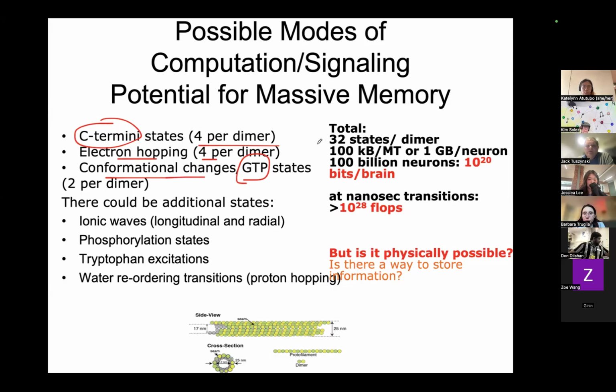So a minimum of 32 states per dimer would give you about 100 kilobits of information per microtubule if you calculate the number of dimers in a microtubule of, let's say, 10 micron length on average, and then 1 gigabyte of information storage per neuron. And with 100 billion neurons, you could store 10 to the 20th bits of information per brain. For your information, you can buy a memory stick.